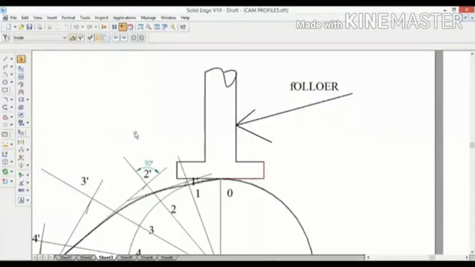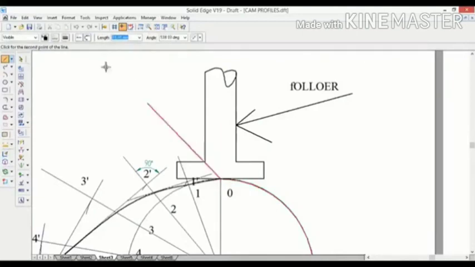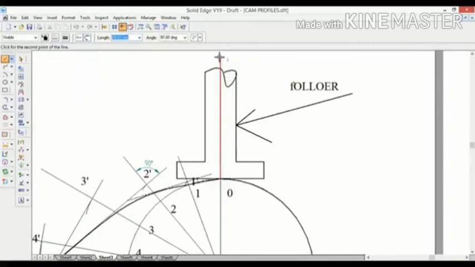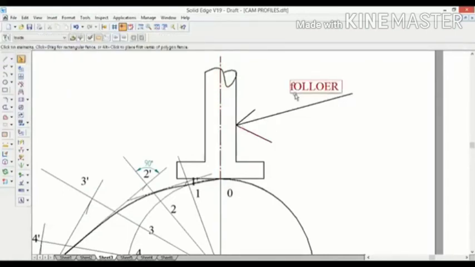Finally, you show this flat follower at position 0 in such a way that the axis of the cam and axis of the follower are collinear, and this is what we call the follower.